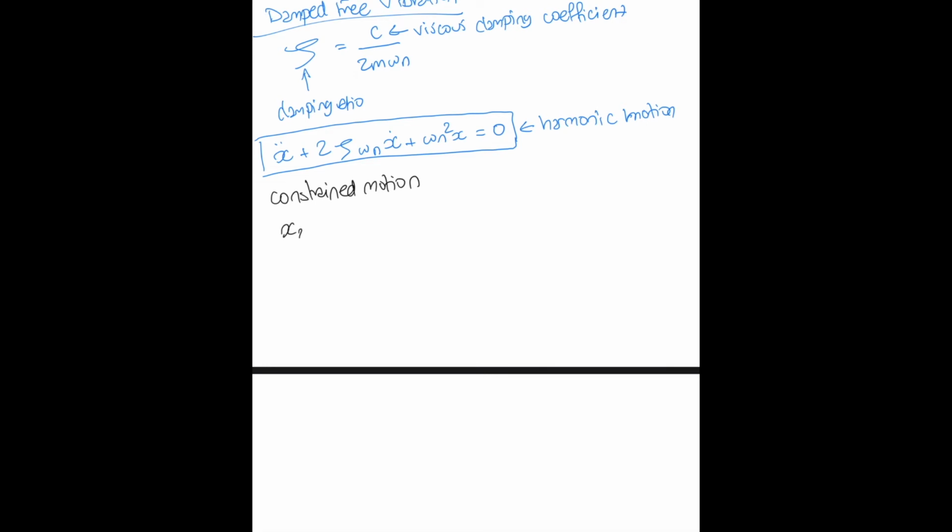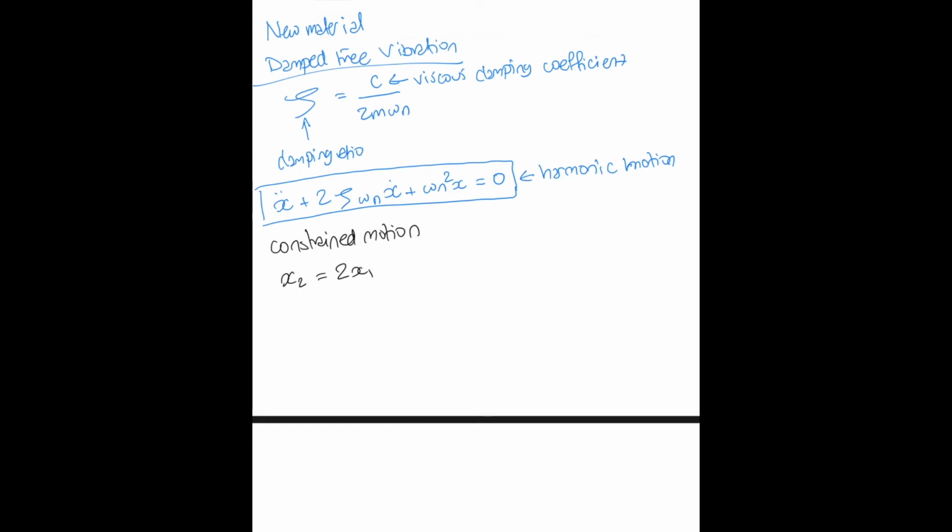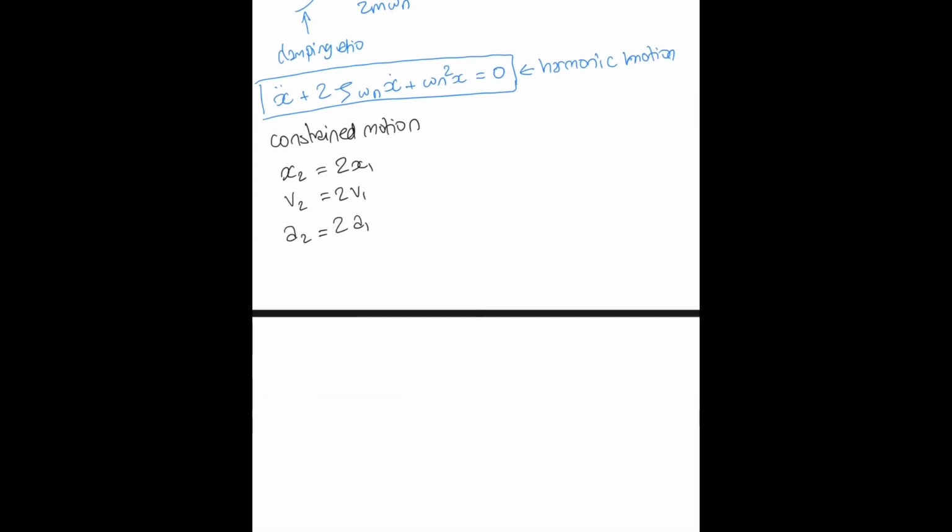So we know that x2 is actually equal to 2x1. There's one cable over here equal to 2 cables over here. And that translates to velocity and acceleration too. So v2 is also going to be 2v1, and a2 is going to be equal to 2a1.